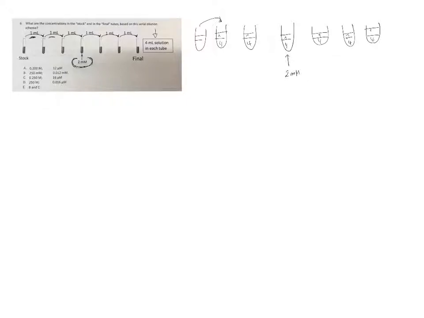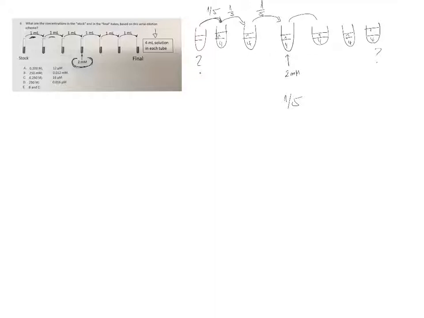So the first thing that you have to solve for this, and this one you don't know, and this one you don't know. The first thing that you have to notice here is the dilution factor is 1 in 5 total. So then you know that from here to here you diluted 1 in 5, 1 in 5, 1 in 5, and from here to here 1 in 5.